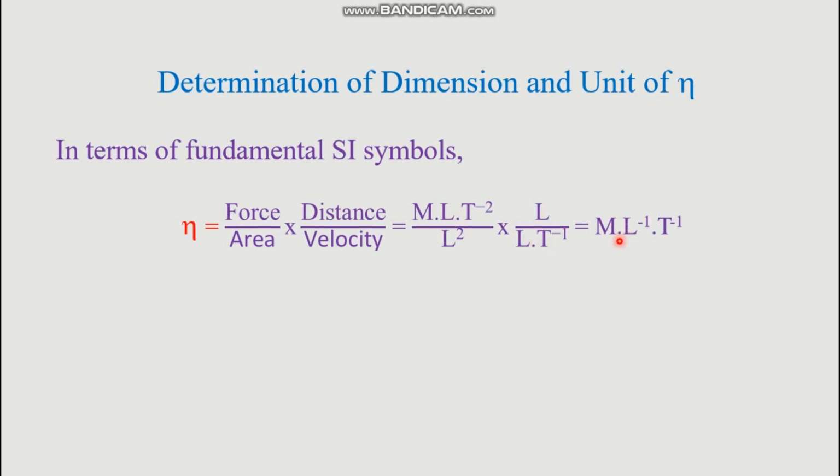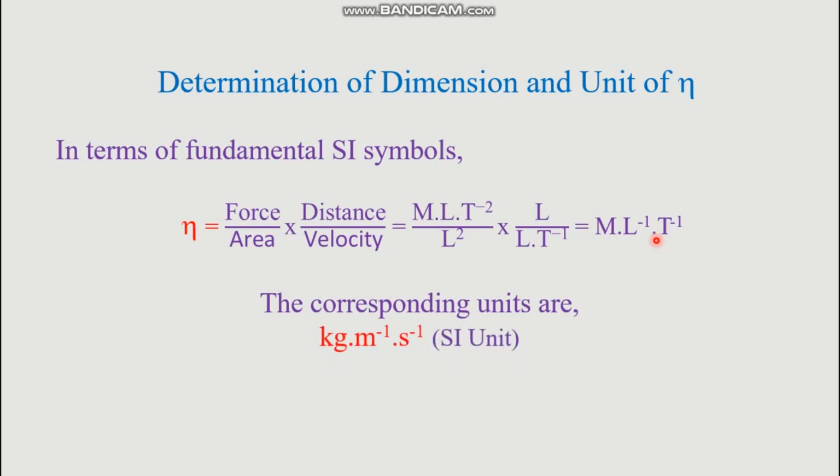So the final form in SI dimensions is mass per length per time. So Pascal second has the dimension mass per length per time. The corresponding unit for mass is kg, for length meter, and for time second. So kg per meter per second in the SI unit, or in the CGS unit it is gram per centimeter per second.